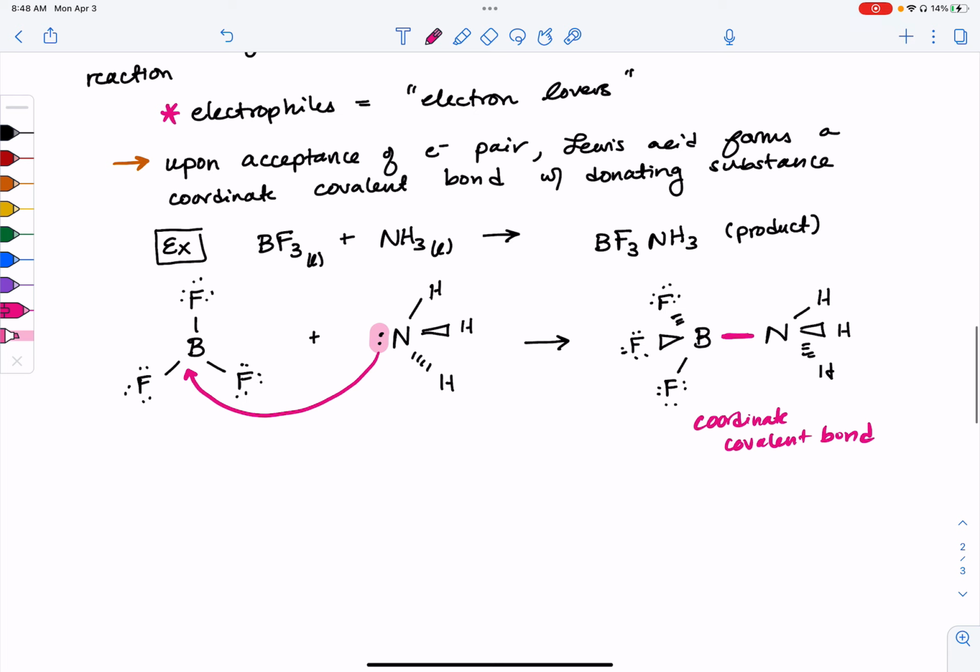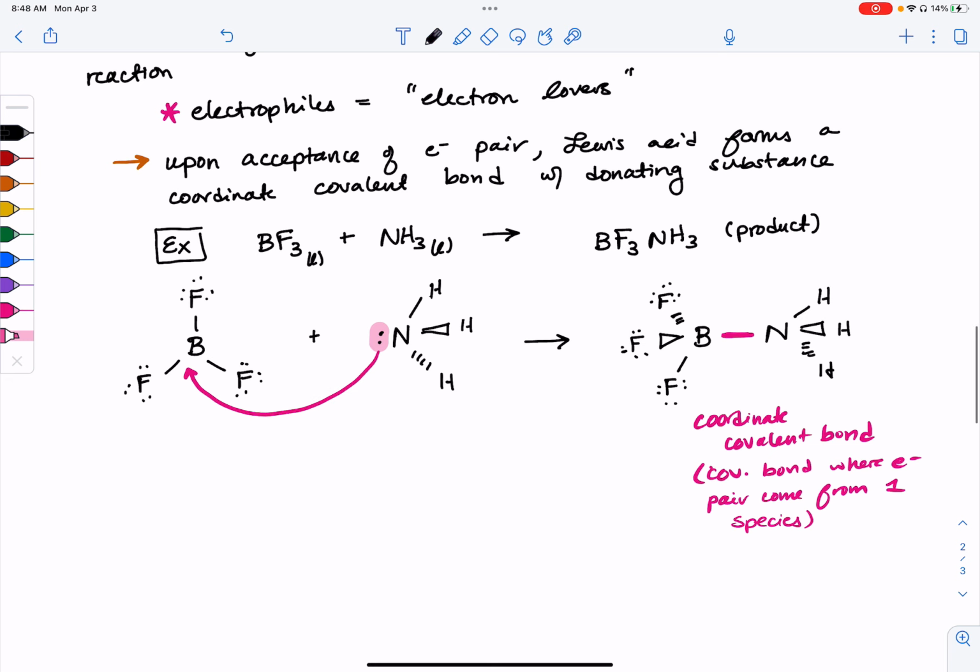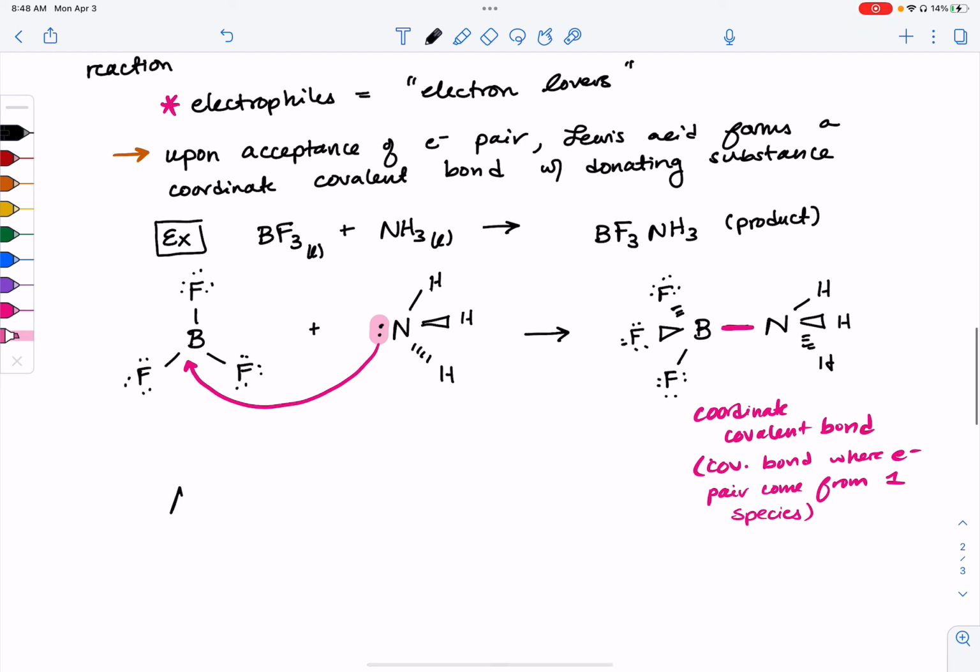where a coordinate covalent bond is simply a covalent bond where the electron pairs that are involved in a bond come from just one species. So normally when we think of a covalent bond, we think of some element A and some element B, and they're like, oh, hey, yeah, we could share.